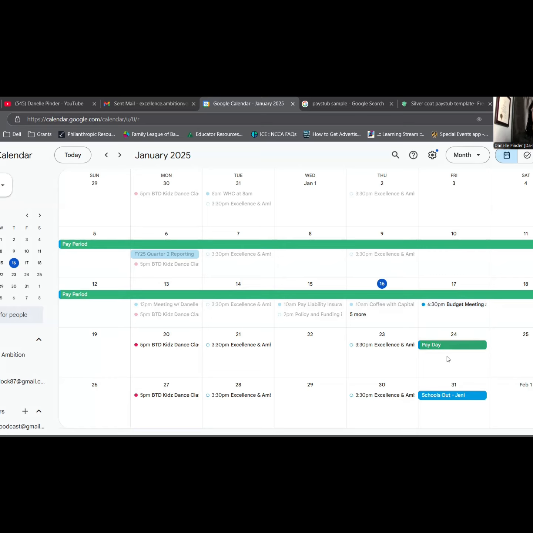That is typically how you get paid if you are someone who is paid bi-weekly. Bi-weekly means every 2 weeks. For today, we're talking specifically about people who are being paid on a bi-weekly basis.